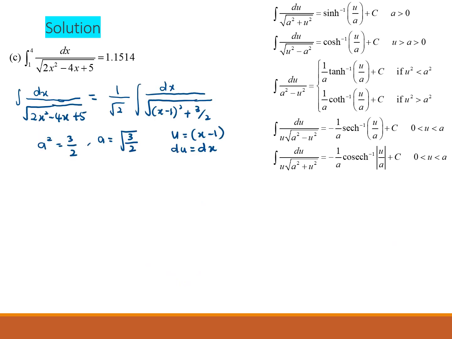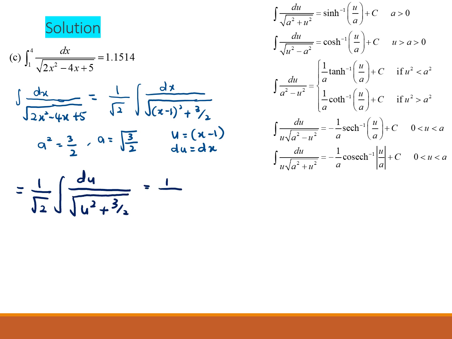I have rewritten the previous calculation into a new slide. So we have a equal to square root of 3 over 2, and our u is now x minus 1. So this will be equal to 1 over square root of 2. The integration of this will be du over square root of u squared plus 3 over 2.